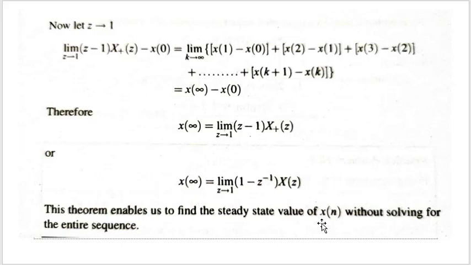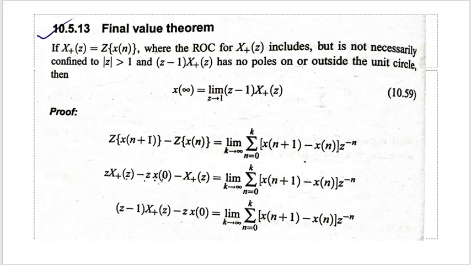Next, as it says in the proof, as z tends to 1, what will happen? Apply that limit z tends to 1: z minus 1 times X plus of z, minus x of 0, equals limit k tends to infinity. Expand whatever we have on the right hand side, and start substituting different values of n. If n equals 0, this will be x of 1 minus x of 0.